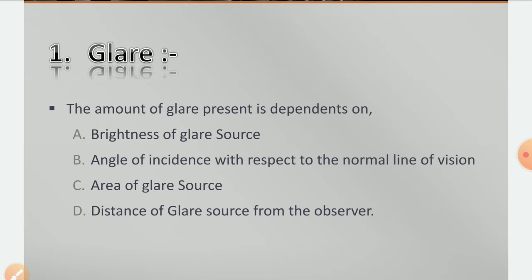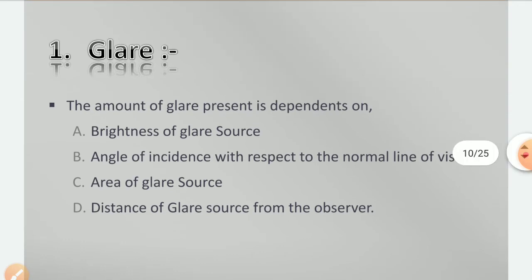Glare is the unusual sensation caused in the human eye when it is exposed to a bright source of light or reflections of light.